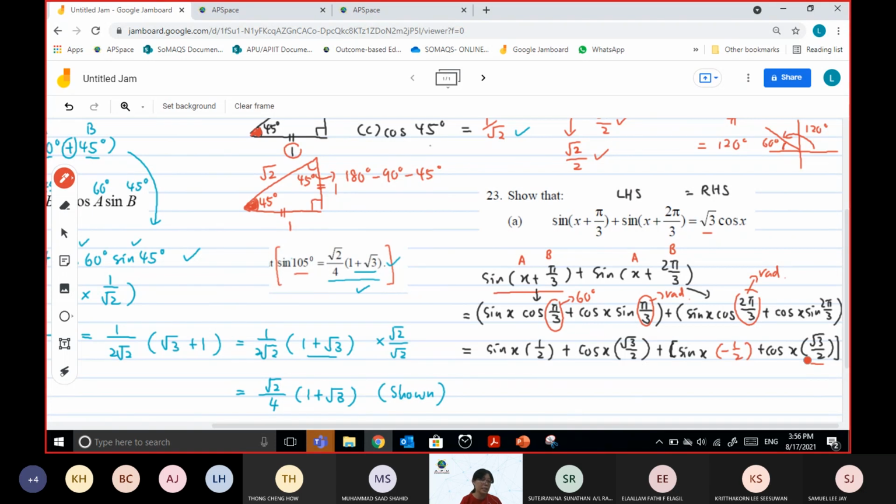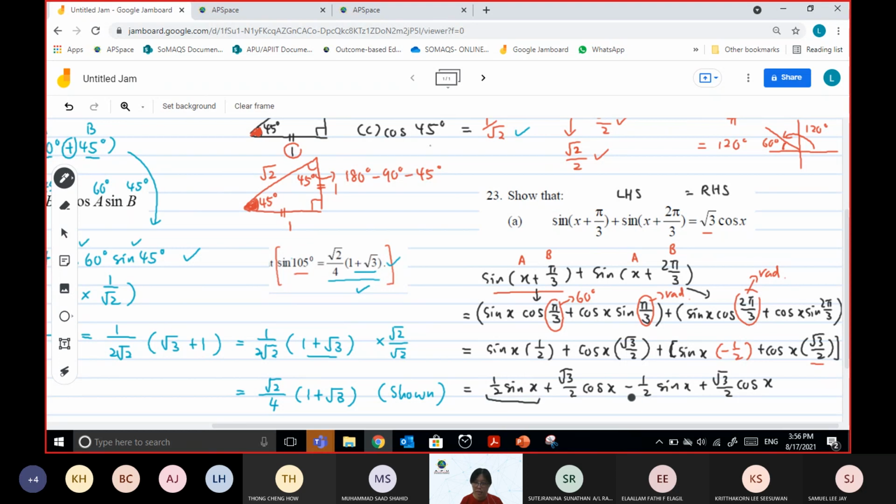But if your calculator can give the surd, then it will be much easier. Now let's simplify this one. So we have half sine x plus square root of 3 over 2 cos x. So here you have minus half sine x plus square root of 3 over 2 cos x.